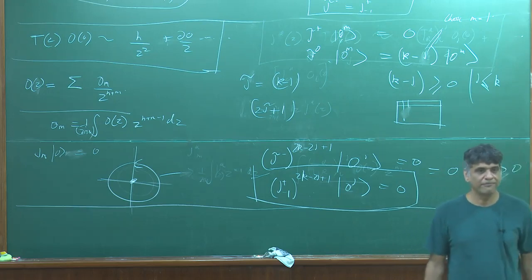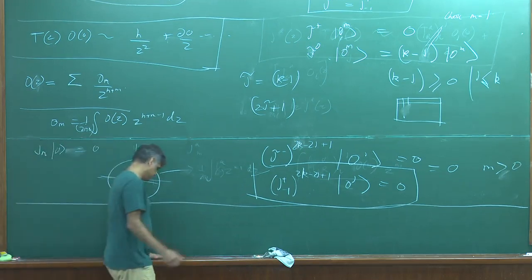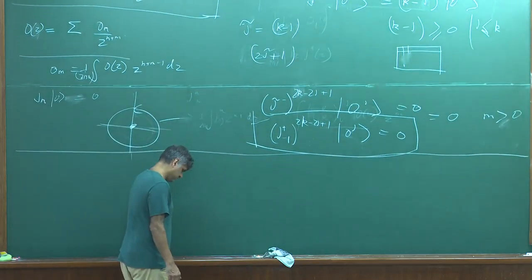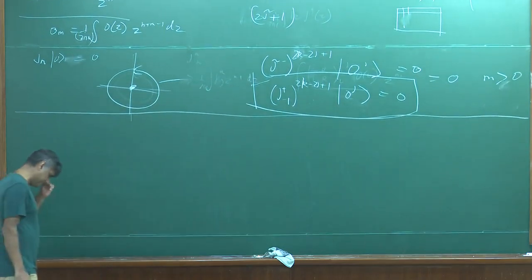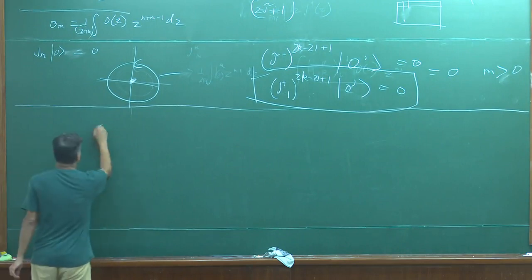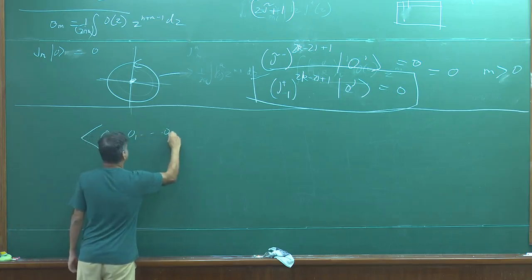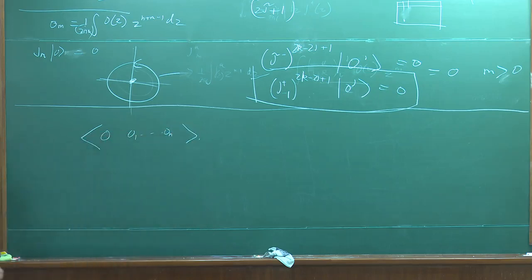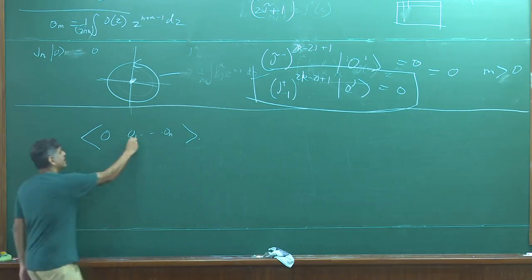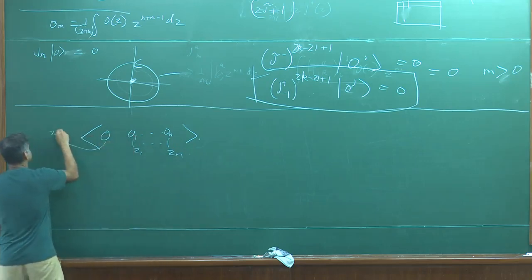Okay. Now, what we want to do is the following. Suppose I have a correlation function with an operator O and then O1 to On. These are inserted at z1 up to zn, and O is inserted at z.